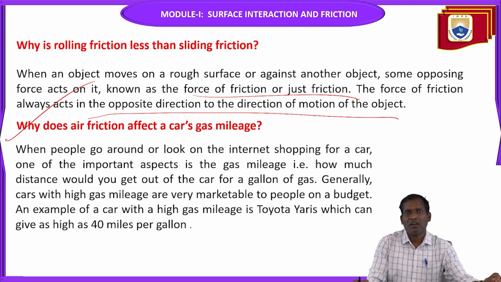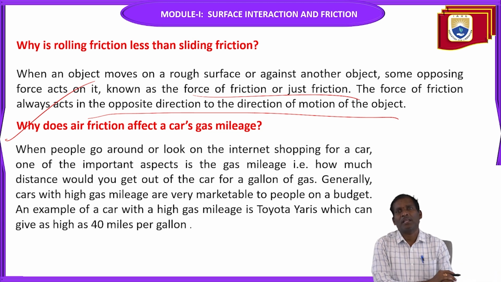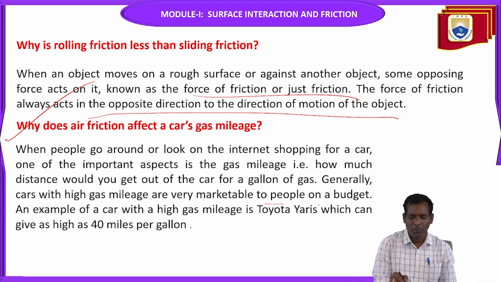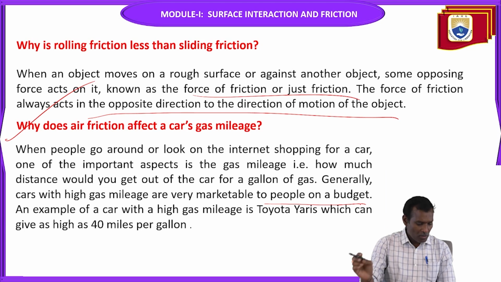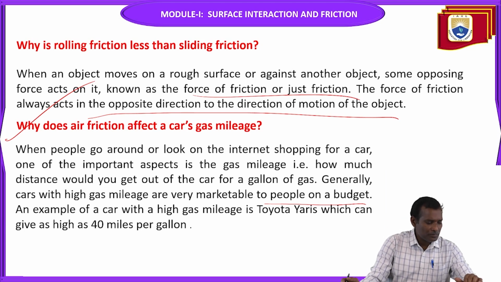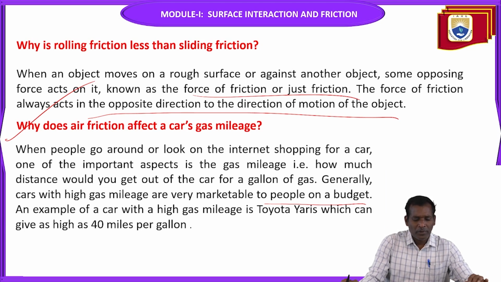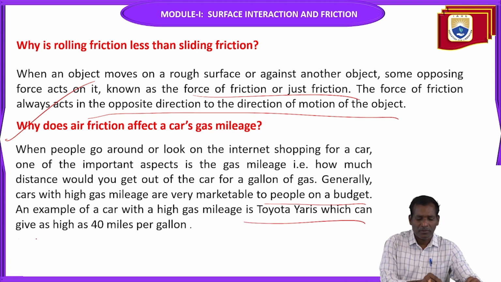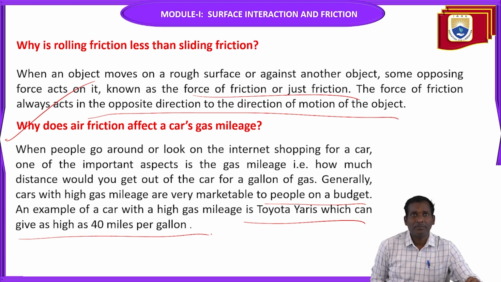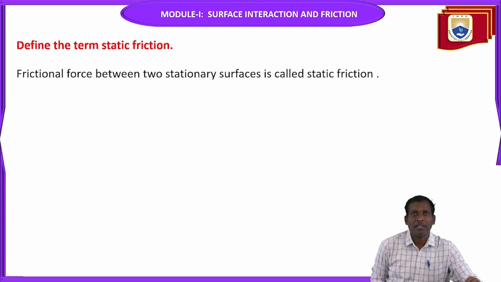Generally, cars with high gas mileage are very marketable to people on a budget. An example of a car with high gas mileage is the Toyota Yaris, which can give as high as 40 miles per gallon.